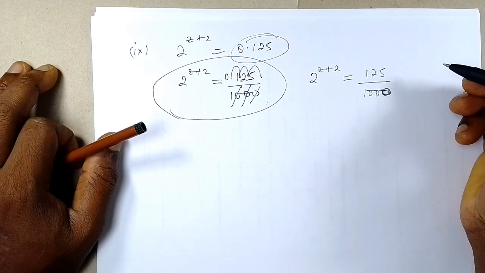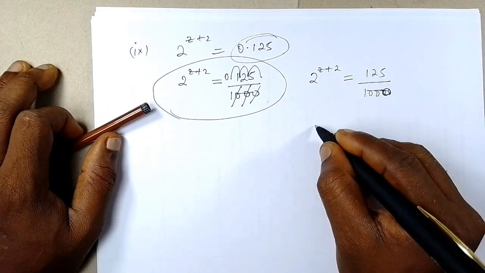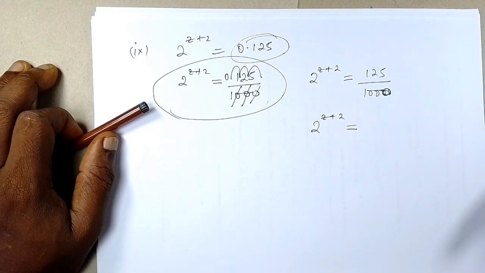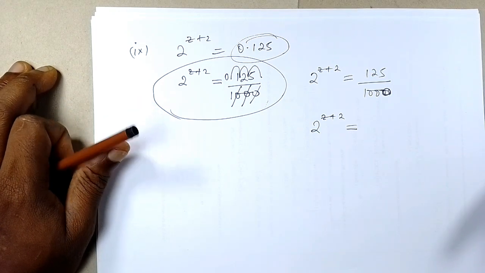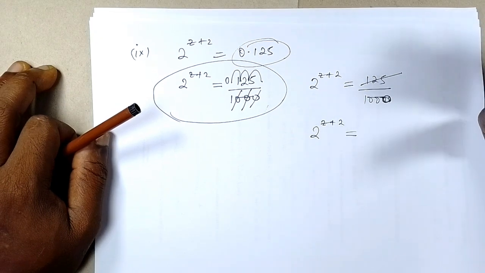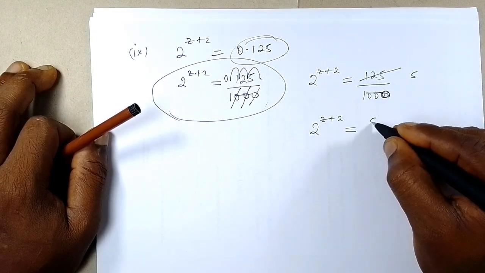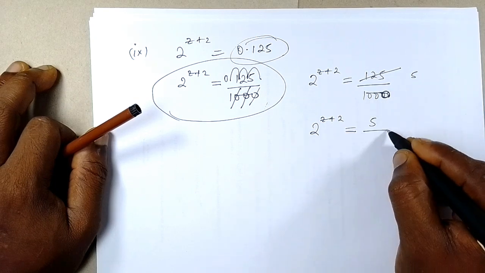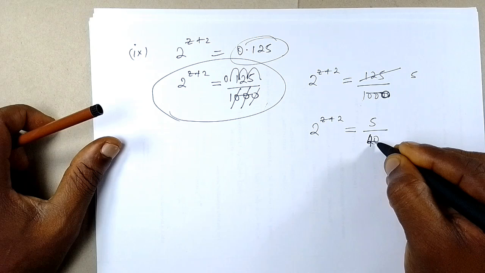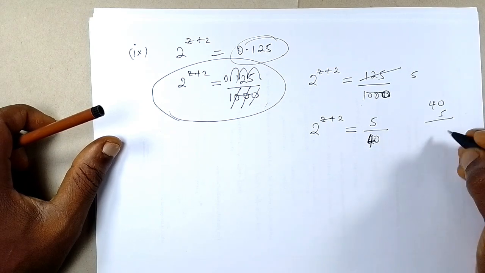So 2 raised to the power z plus 2 will be equal to, 25 can actually go into 125. 25 in 100 is 4, so 25 in 125 is 5. So this will be 5. 25 can actually go into 1000, this should be 40.